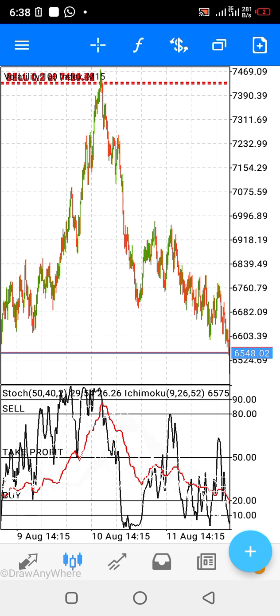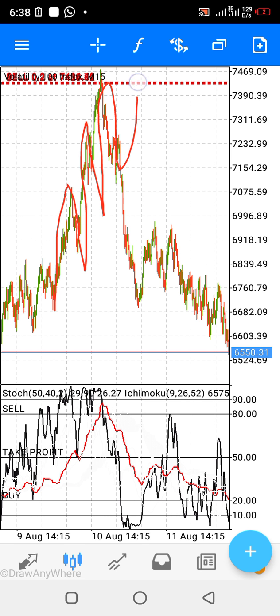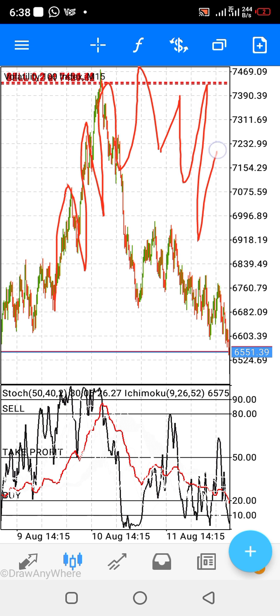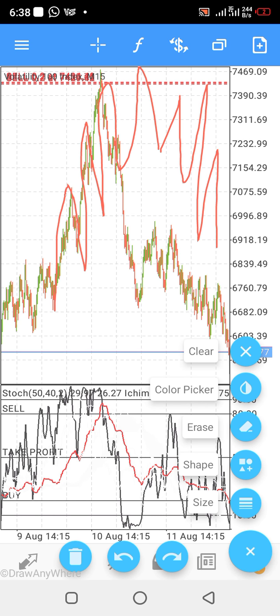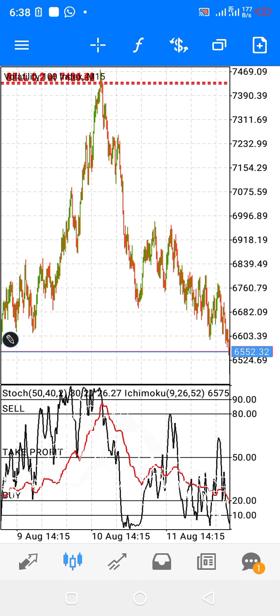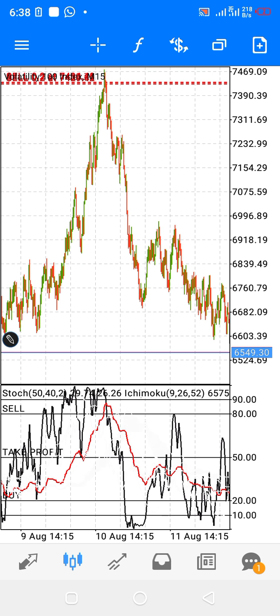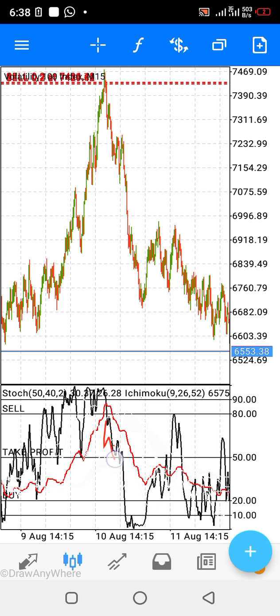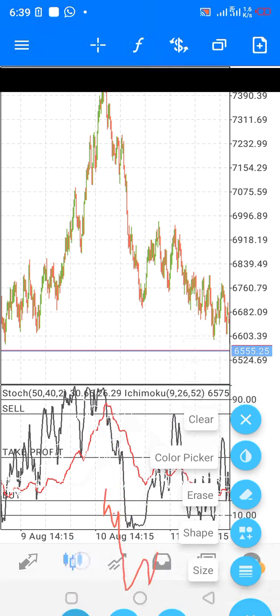It always goes up, comes down, up, down, up, down. That is how it usually moves, and that is how the indicator is even showing it here. You see the black ones. That is what is happening there.